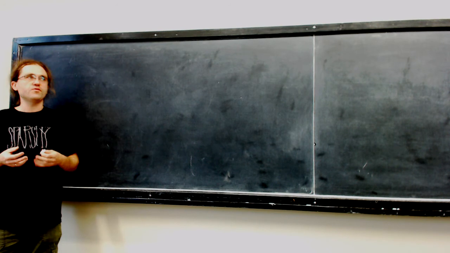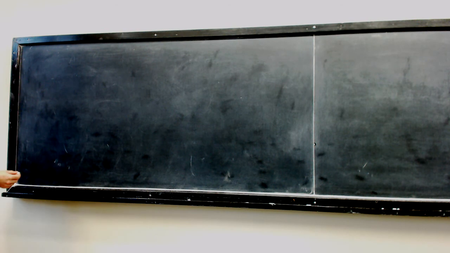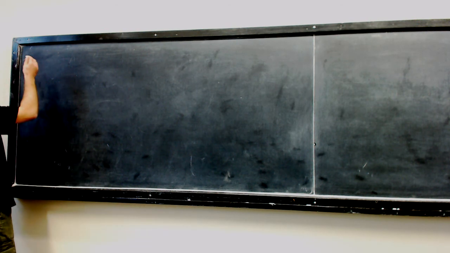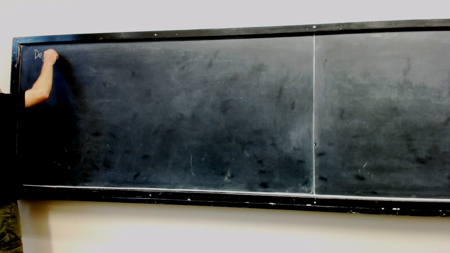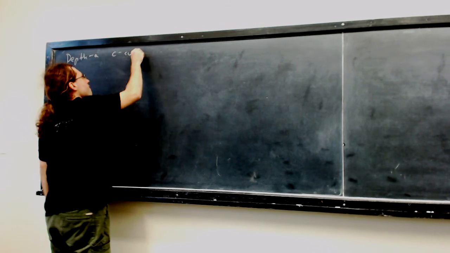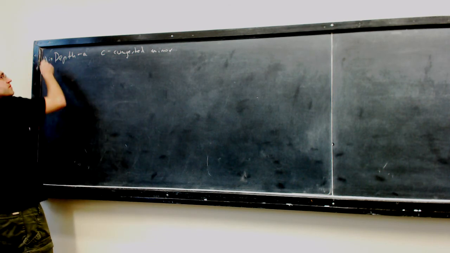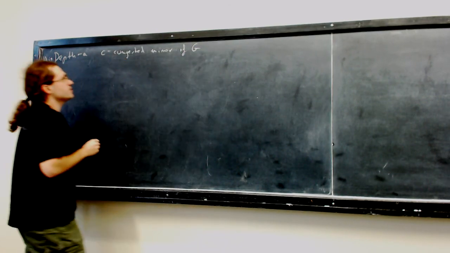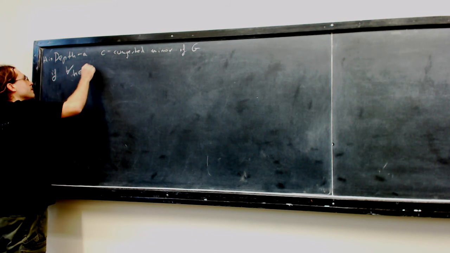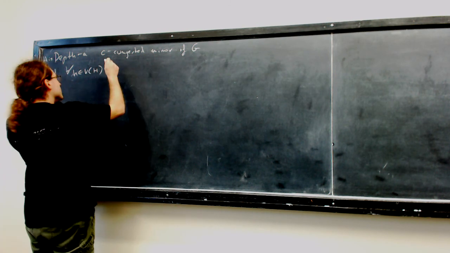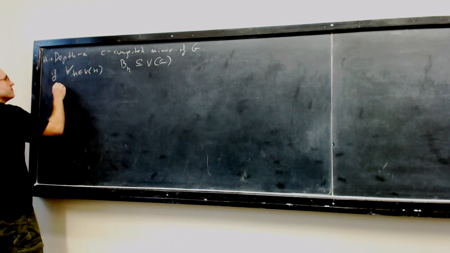The proof will be more or less the same, but we need to be slightly more careful with counting overlaps of them. Okay? So what we wanted to look at was the depth A congested minor. H is a depth A congested minor of G if there are branch sets, if for every vertex v, say h in H, there is a set V_h that's connected.